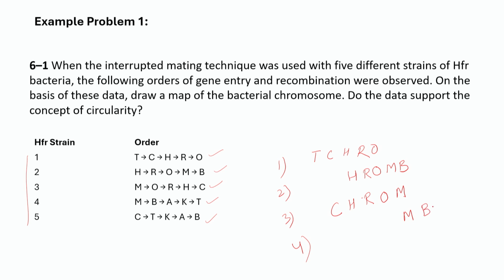B, A, K, and then see T. T is, you see, T, where is the T? T is here. T is here. And then in the fifth one, if you see, it is C, T. So if I would say C, T, K, A, B, right? So that shows, because it is getting connected like that, that shows the bacterial DNA is actually circular.